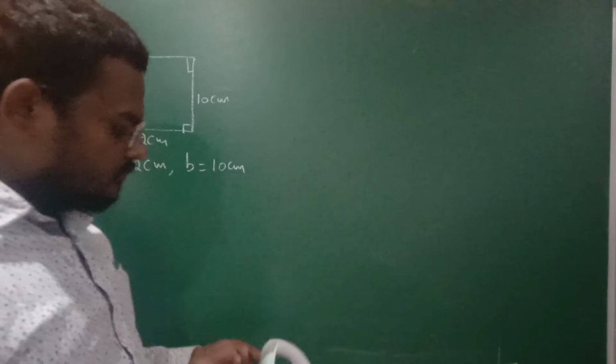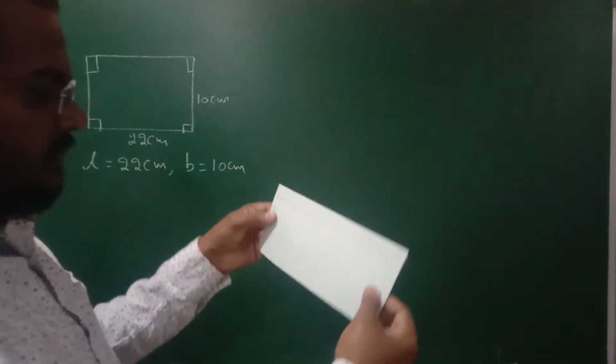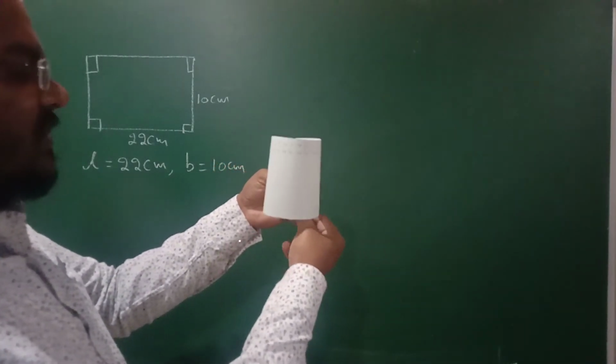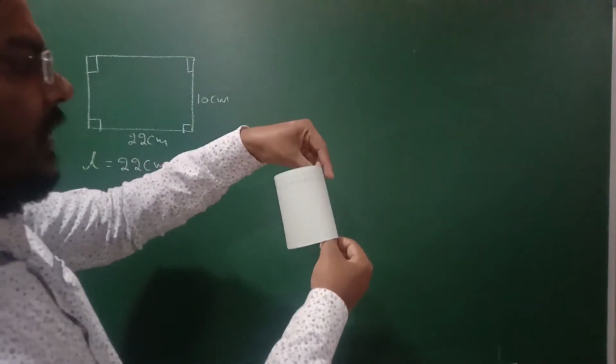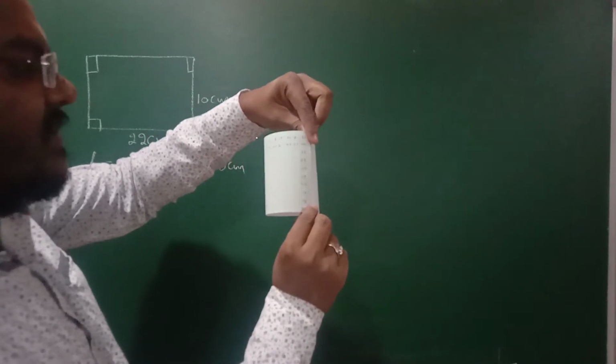Here, if you observe carefully, I am folding this circularly towards its length, so we can see a solid figure which is a cylinder.